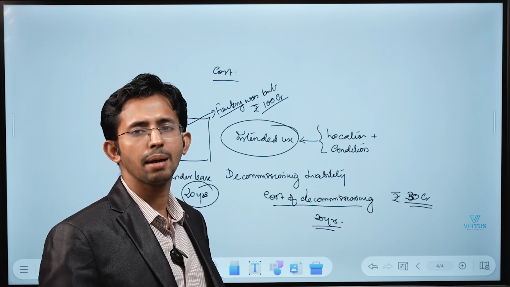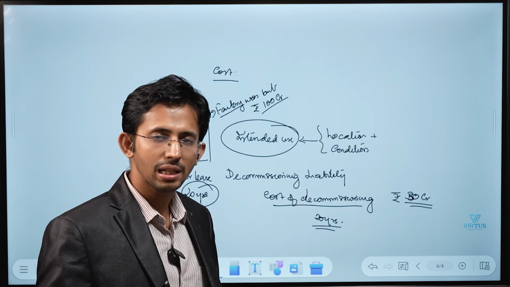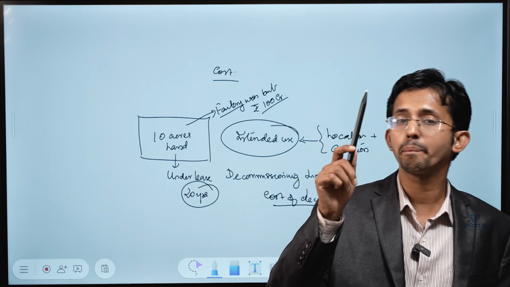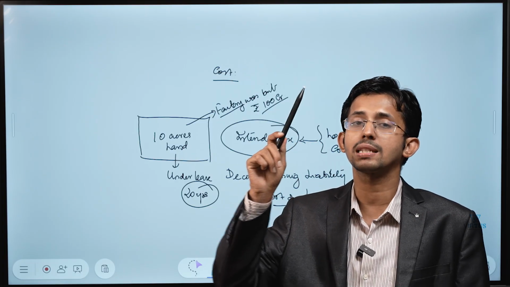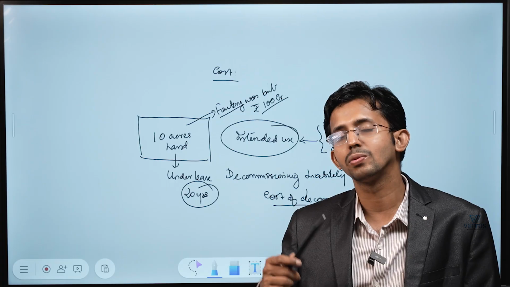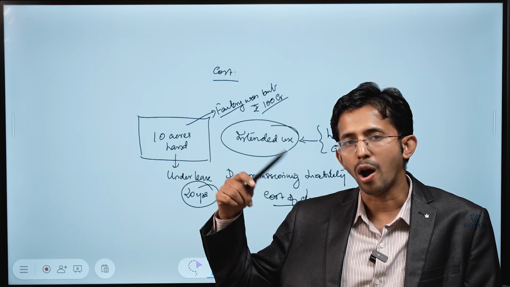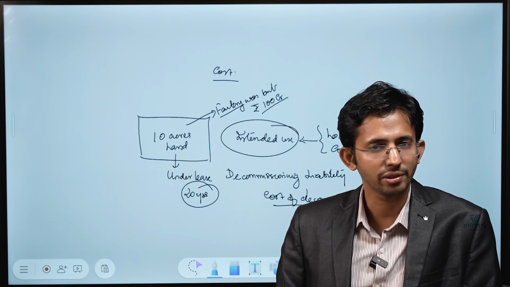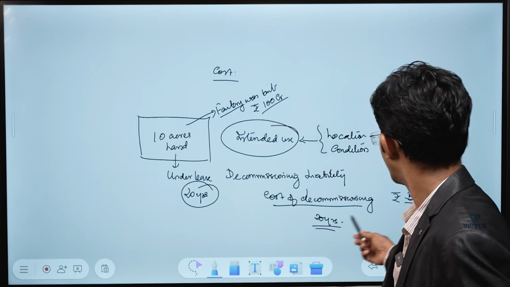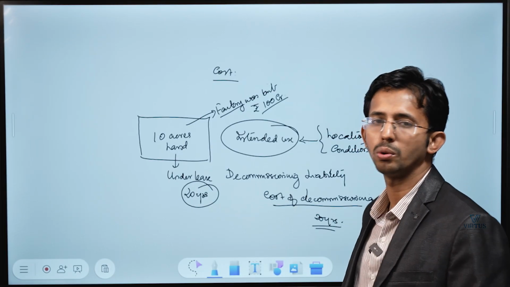Maybe you are going to decommission only after 25 years. But since you have already undertaken that obligation, it constitutes a present obligation, which will result in outflow of future economic benefits, because in future you'll have to spend 20 crore or 30 crore.